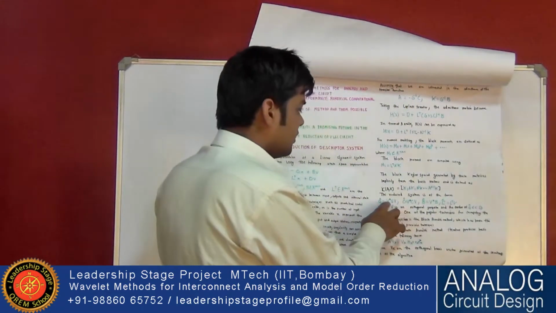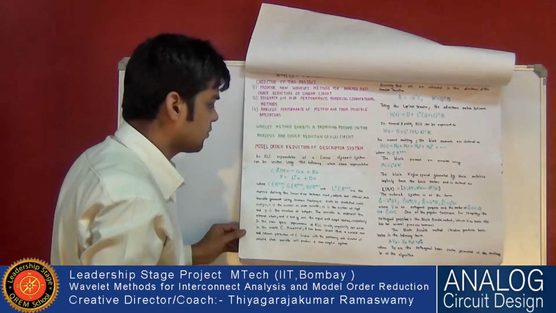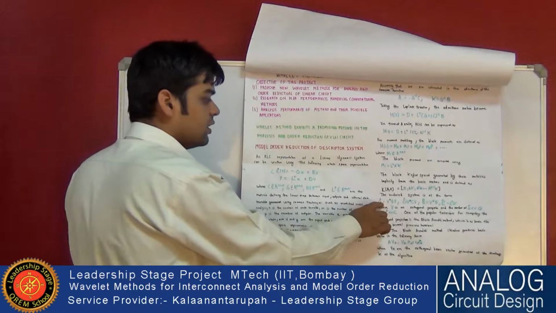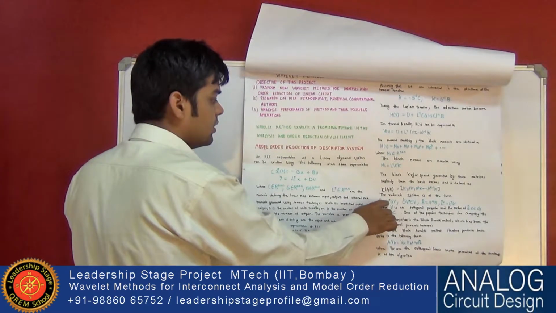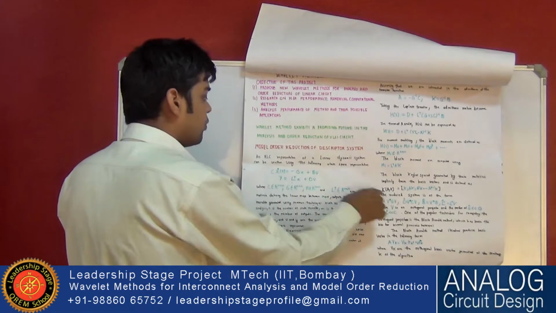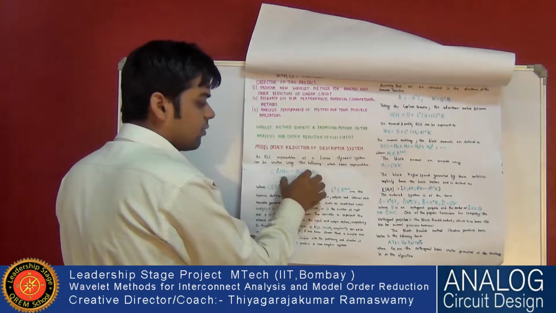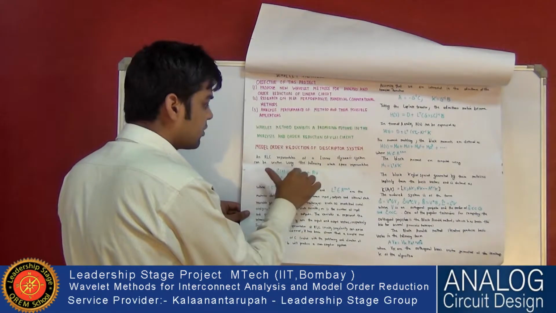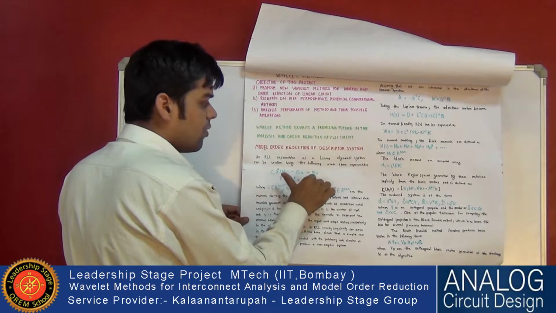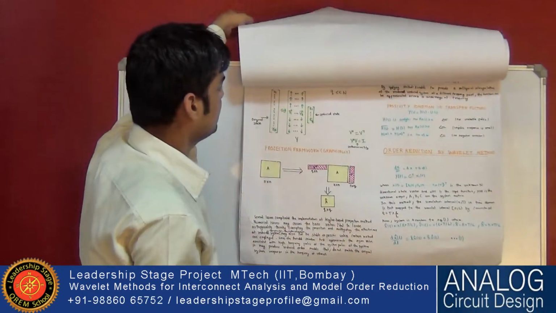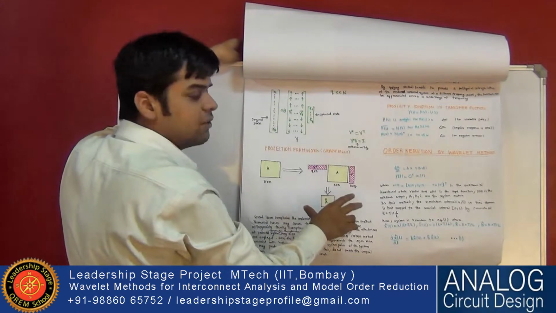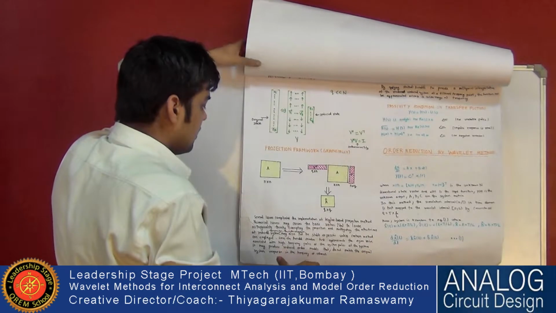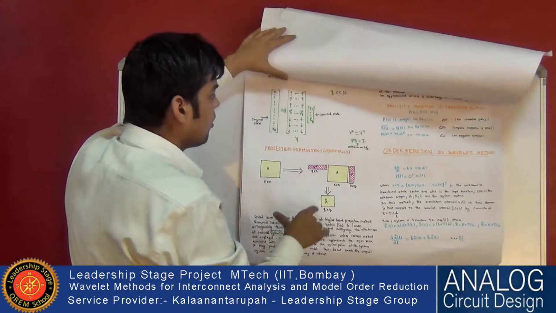The same equation can be used with GV, and we can form the reduced form, only with a mark above. For this condition we need orthogonal matrices, and the projection V should be orthogonal.